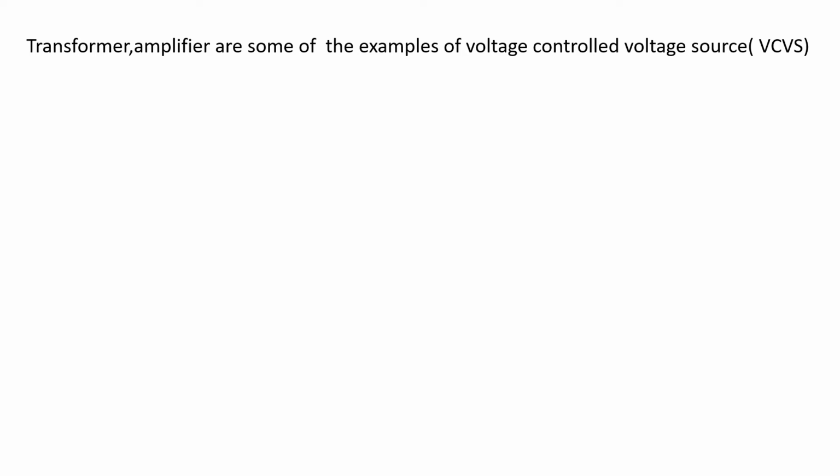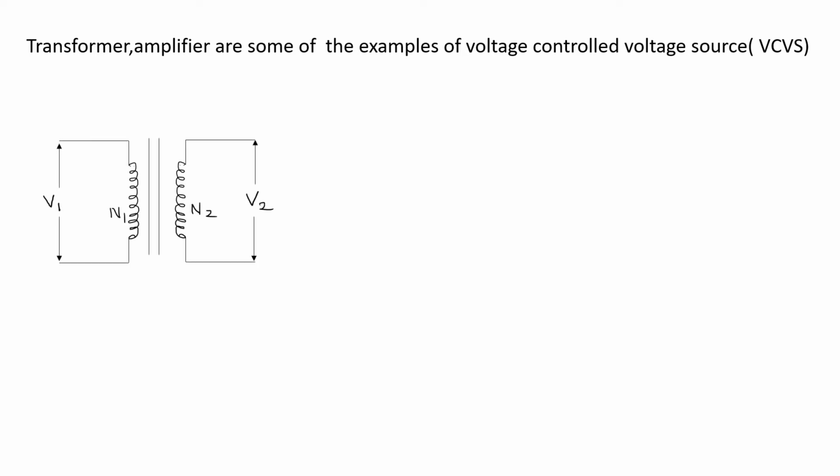How? Let us see. This is the symbol of the transformer. V1 is the primary voltage, N1 is the number of turns at the primary side, N2 is the number of turns at the secondary side, and V2 is the secondary voltage. We know in a transformer, the relation is V2 by V1 equal to N2 by N1, so V2 is equal to N2 upon N1 into V1.